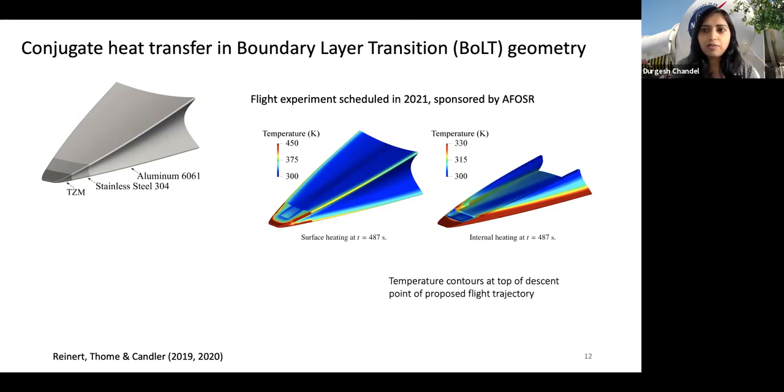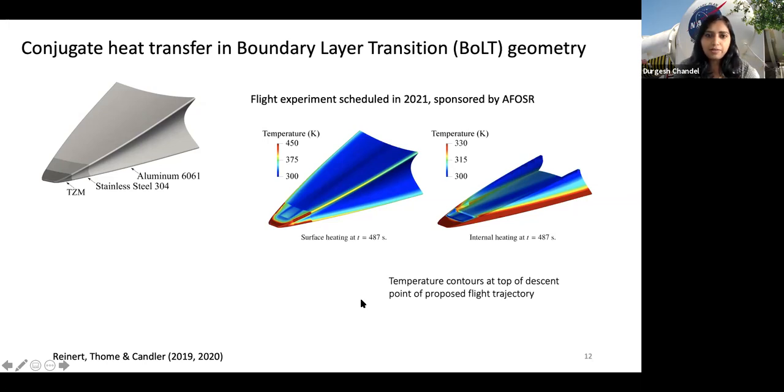So I'm not talking about the flow, but more about the heat transfer. There was a conjugate heat transfer code developed, which does an FSI calculation between the solid and the fluid domain, and predicts the surface heating. Surface heating and internal heating results are shown at 487 seconds, which is the top of descent point for the proposed flight trajectory for this vehicle.